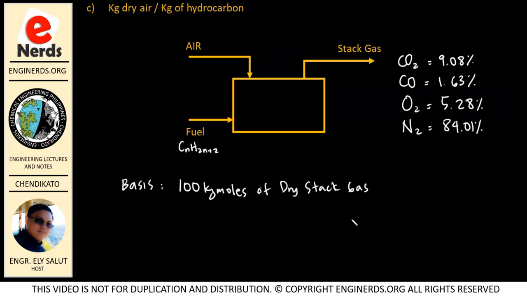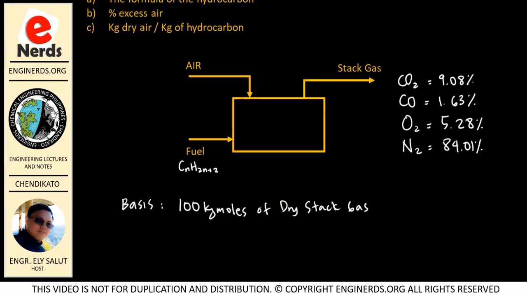If we have 100 kilogram moles of dry flue gas, then automatically all our values here will be in kilogram moles. So we have 9.08 kilogram moles of CO2, 1.63 kilogram moles of CO, 5.28 kilogram moles of O2, and 84.01 kilogram moles of N2.